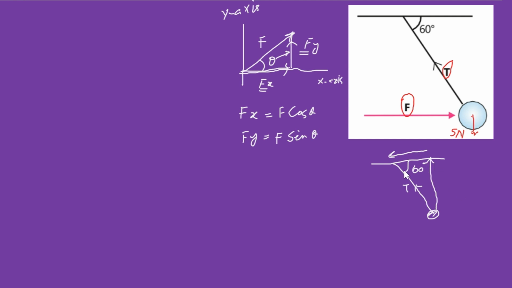The component which is opposite to this angle of 60 degrees will be Ty. Since we are given the tension as T, not F, in place of F we will write T. So Ty is equal to T sin theta, and similarly this horizontal component is represented by Tx, and Tx is equal to T cos theta.